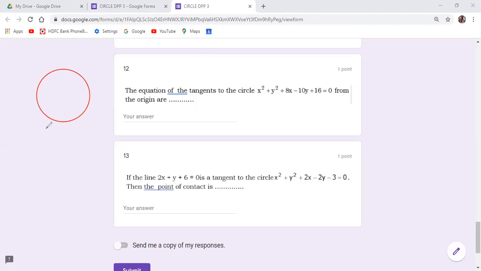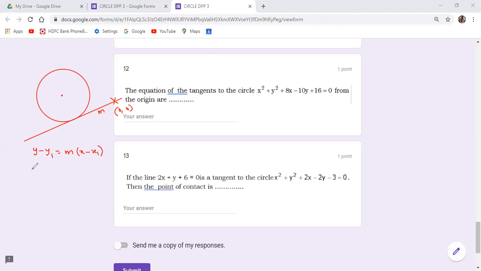When the slope was known to you, we assumed the equation as y equal to mx plus c, and c was unknown. When the point is given to you, the slope is unknown. So tell me, how should I assume the equation of this tangent? y minus y1 is equal to m into x minus x1.